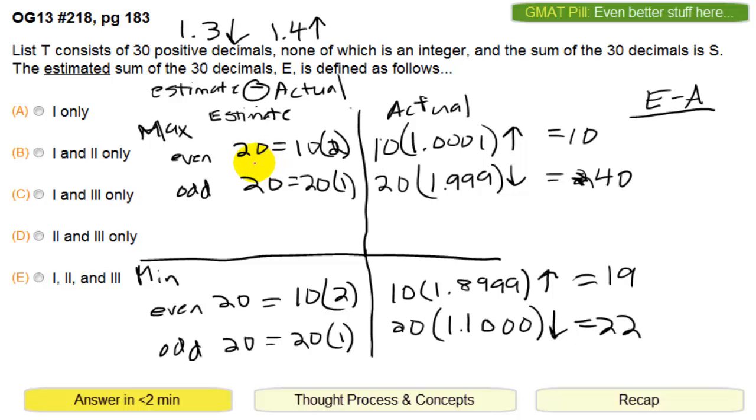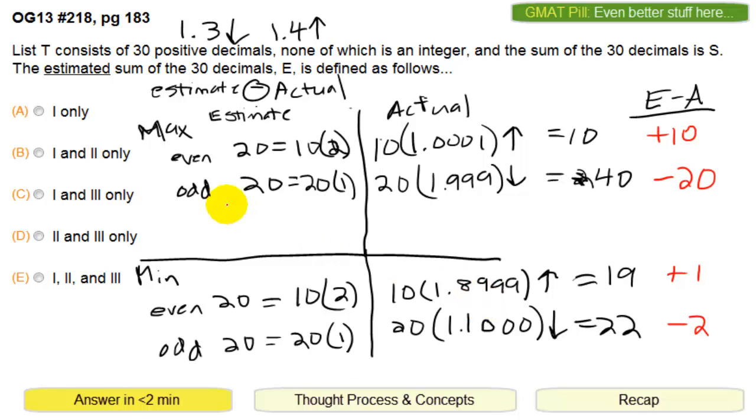The difference between the 20 and the 10 gets us a positive difference of 10. 20 and 40 gets us a difference of minus 20. This 20 and this 19 is a difference of plus 1. This 20 and this 22 is a difference of minus 2. These are the actual values when you multiply 10 times these numbers, and then 20 times these numbers for the odd ones.